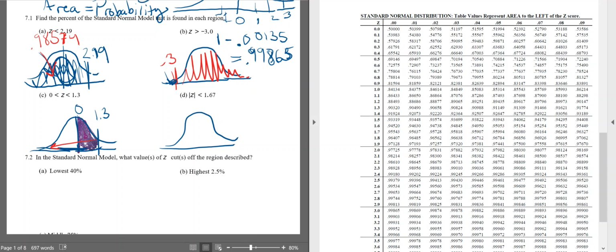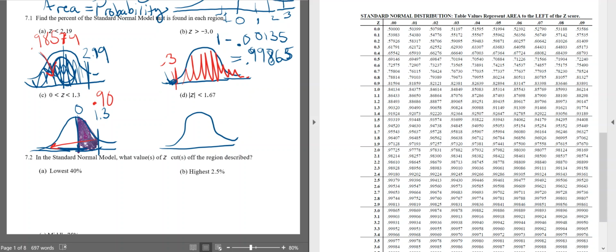I only want the stuff up to 0. So the easiest way to do this is to subtract off the things you don't need. You could look up 0 in the table, which you find right over here to be a half, because it's half the distribution below 0. So 0.5, okay, that's how you're going to do this. I'm going to take the probability from 1.3, the 0.90320, and subtract 0.5 from it.